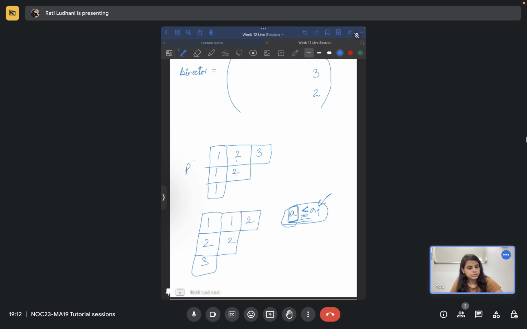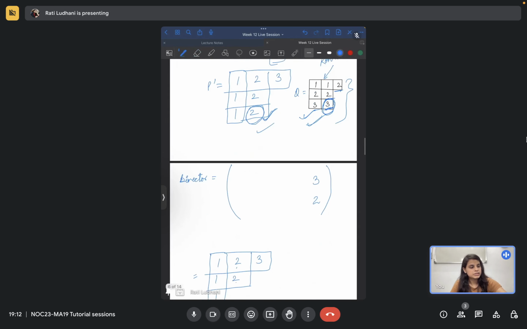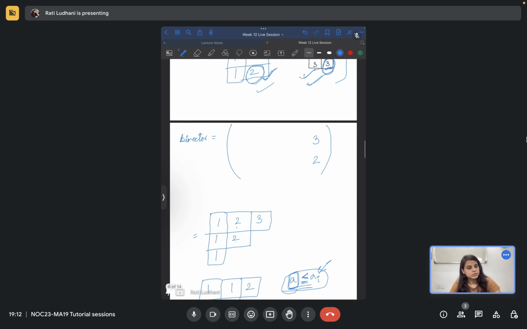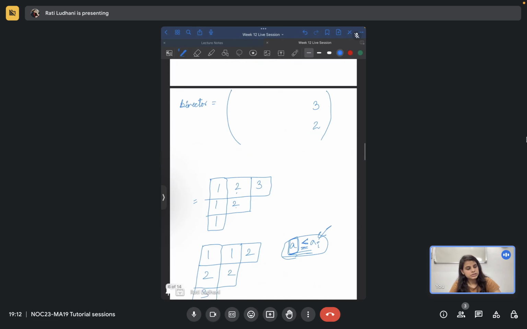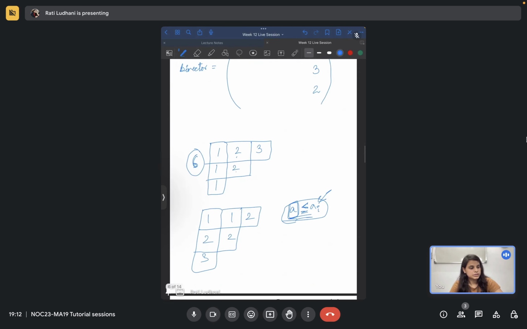So this is your new P dash, or maybe we can number it, but we don't know how much. These are 7 numbers, so we must have started with 0 and let's say 7. So this is the 7th step, this is now the 6th step. So this is P dash, this is Q.